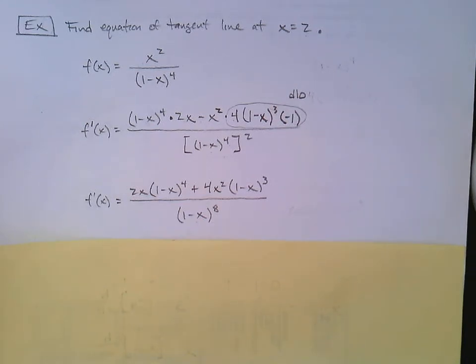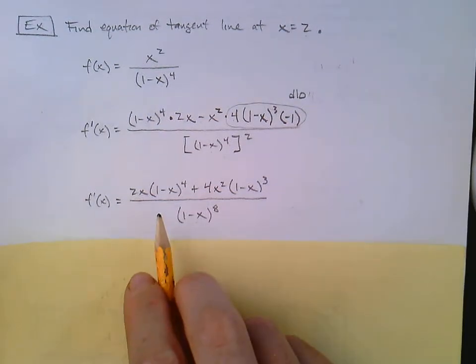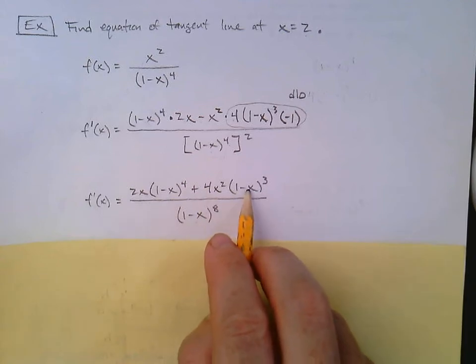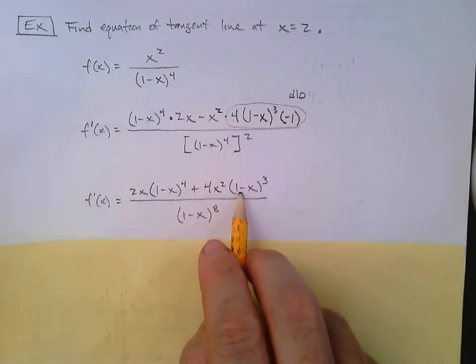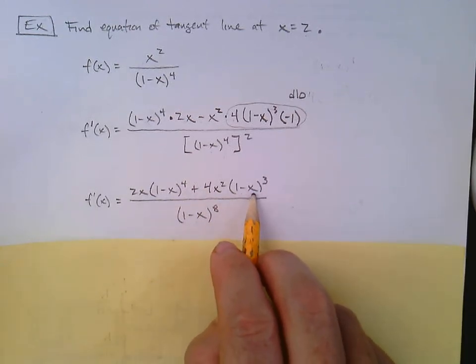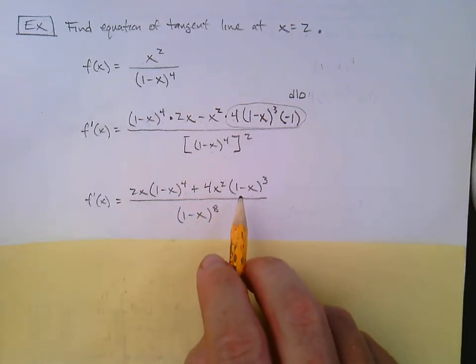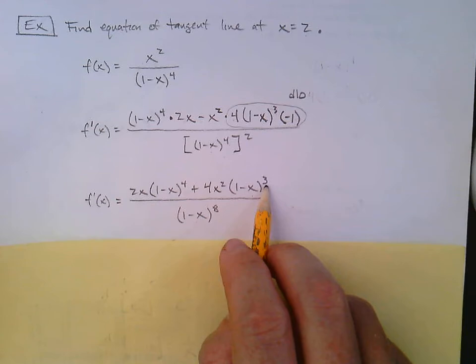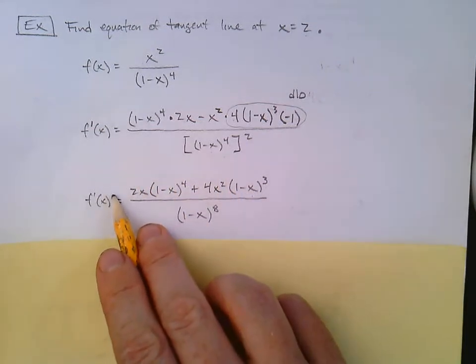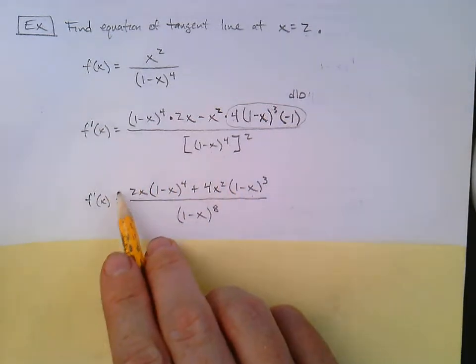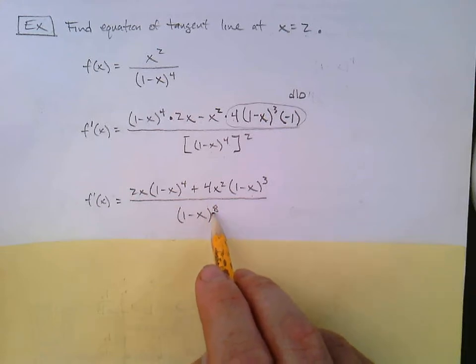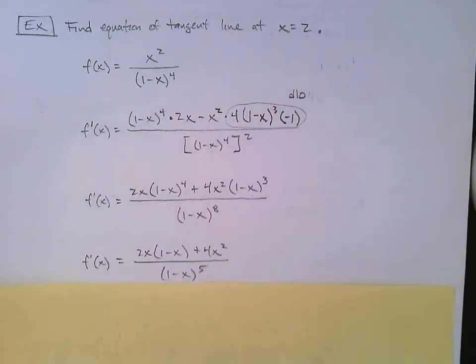Now it turns out we can keep simplifying. Notice that each one of our terms has a 1 minus x to the third. So we could think about factoring 1 minus x to the third out from the numerator and then canceling with 1 minus x to the third in the denominator.